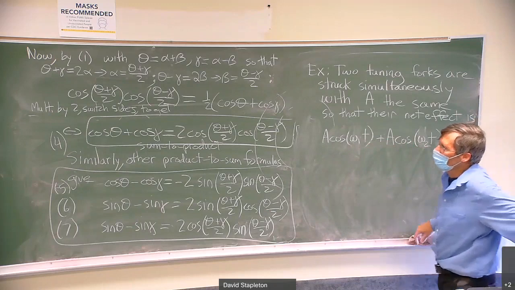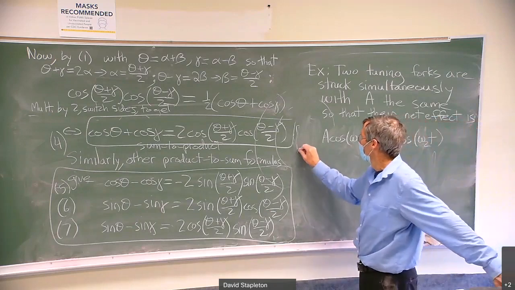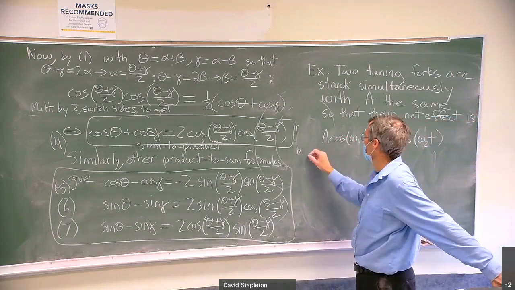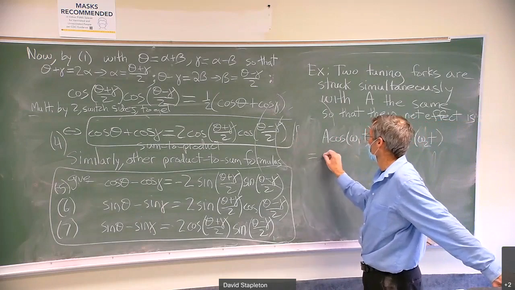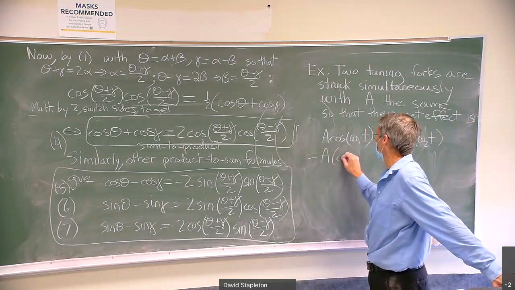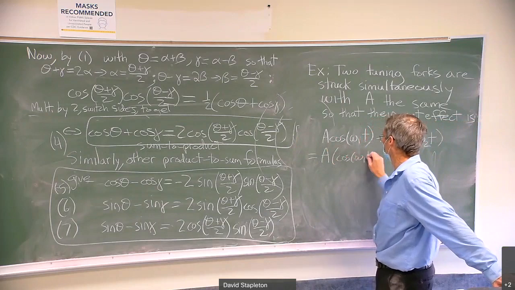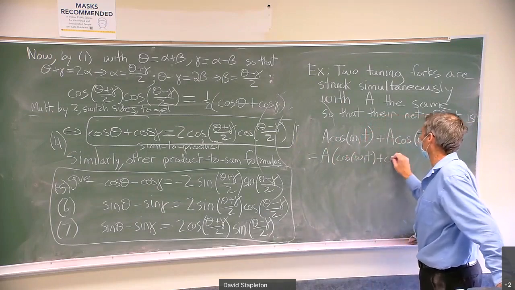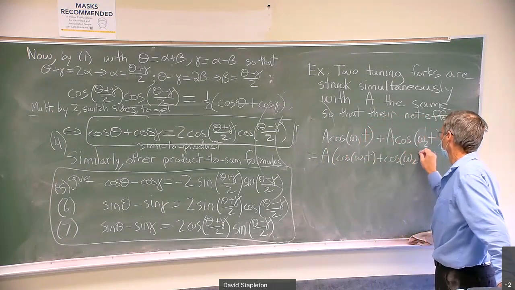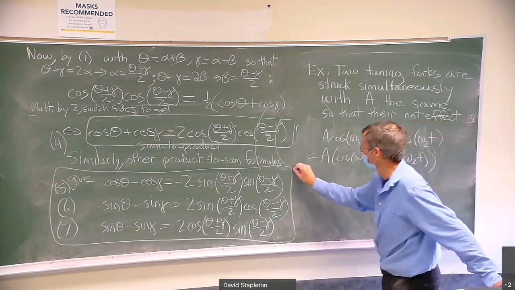You apply equation 4, right? This is a sum. I can rewrite it as a product. First one I'll do is I'll pull the A out of there. A times cosine omega 1t plus cosine omega 2t. And then I'll apply 4.